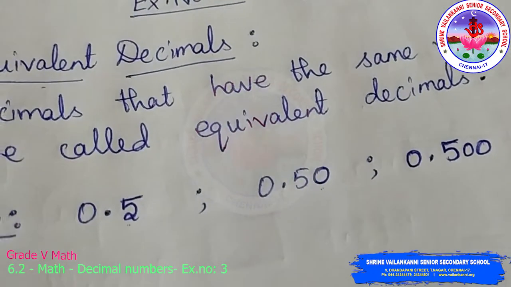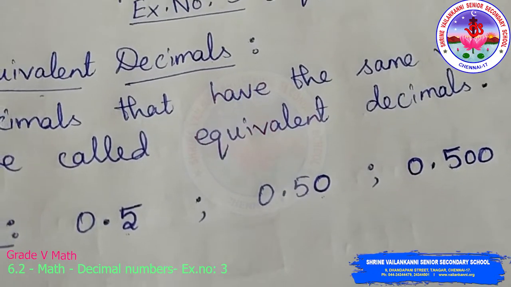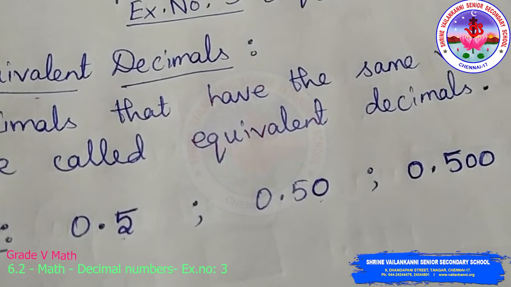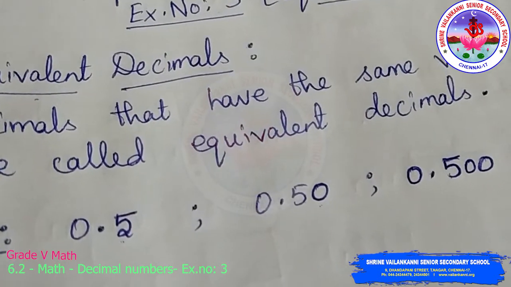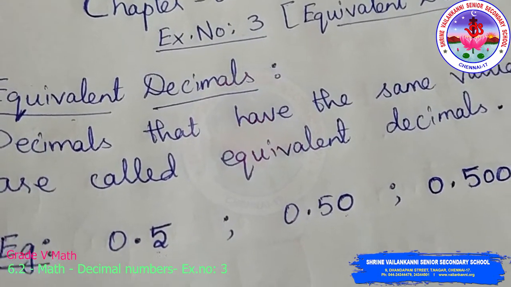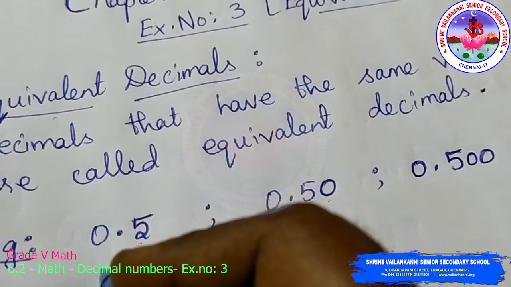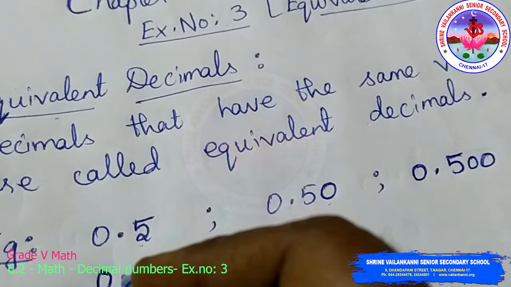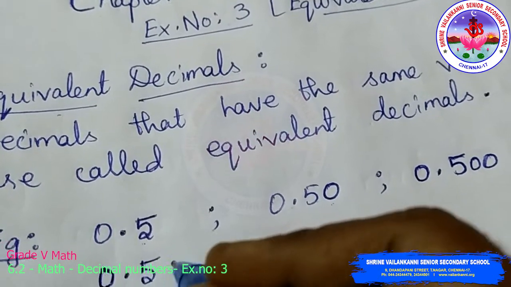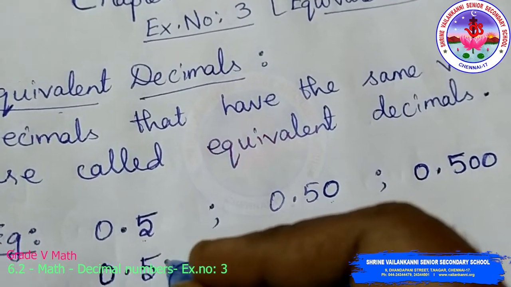You can make the given decimal numbers equivalent by adding zeros at the end of the decimal places. That is, when you add 0 at the end of the number which is given to you, it does not change its value.